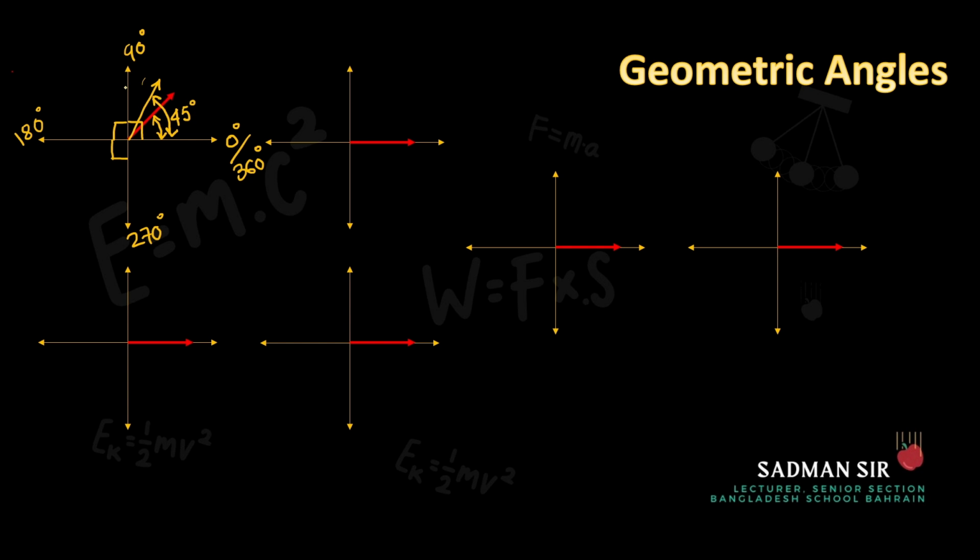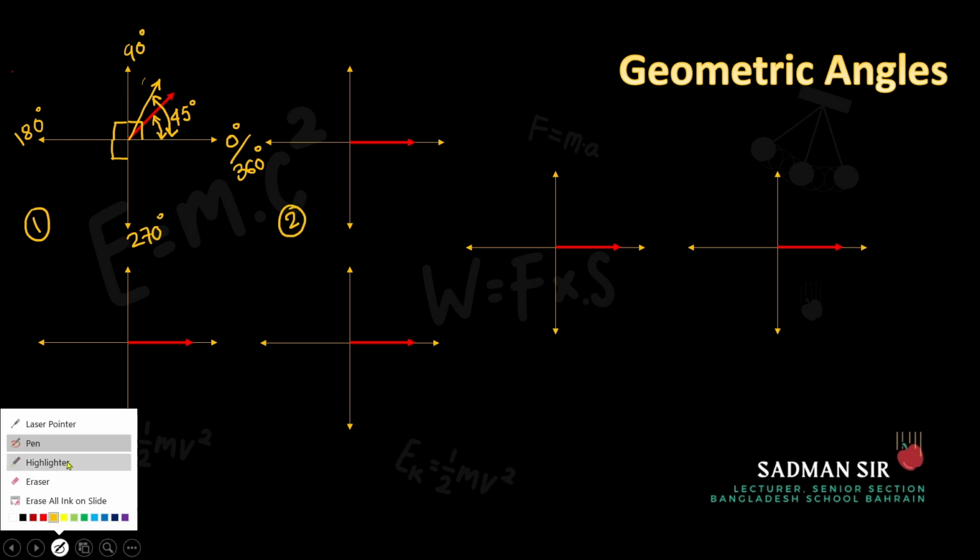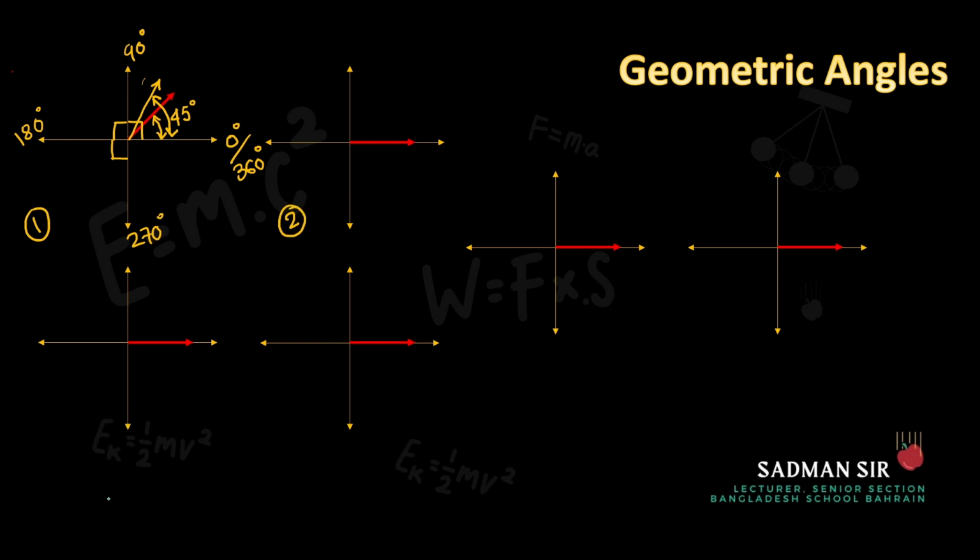Now what will happen if I go beyond 90 degree? Let us name this one as figure 1 and this one as figure 2. Let me change the color a little bit. Now in figure 2 we will see what will happen if the ray rotates beyond 90 degree.